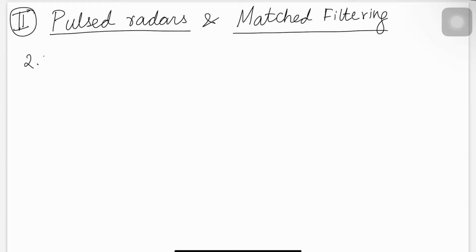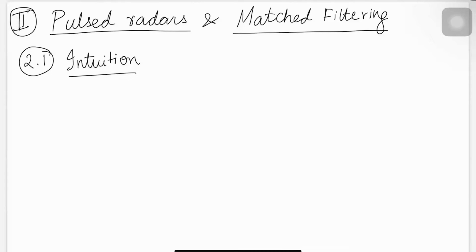Okay, so we'll start with some basic intuition of what a pulse radar is. In some sense, a pulse radar is the most intuitive way that the general audience thinks about radar.